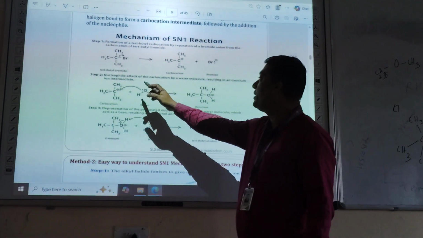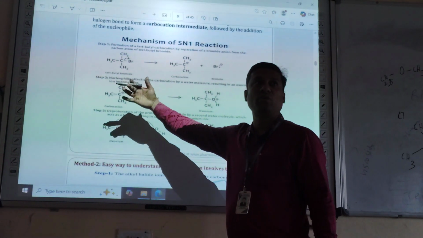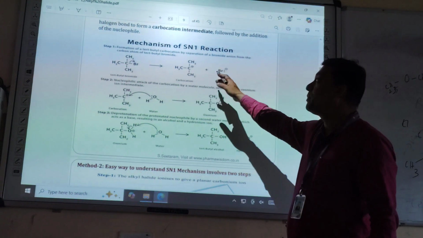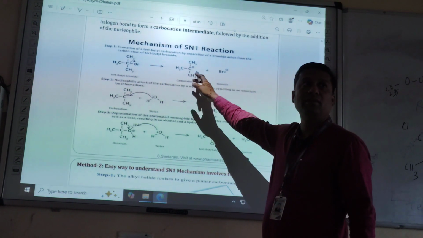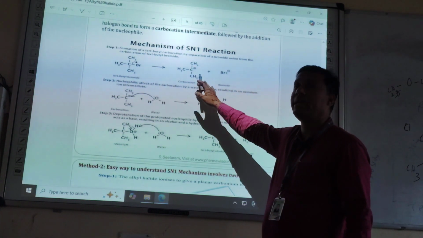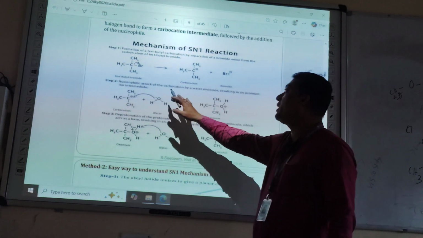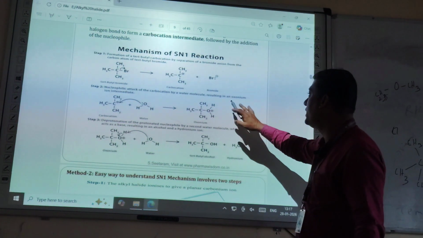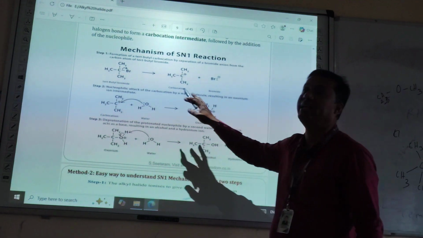Then in step 2, what happens? The nucleophilic attack. In the first step, the carbocation, a positive ion, is formed. In step 2, there is nucleophilic attack on the carbocation by the water molecule, resulting in an oxonium ion intermediate.